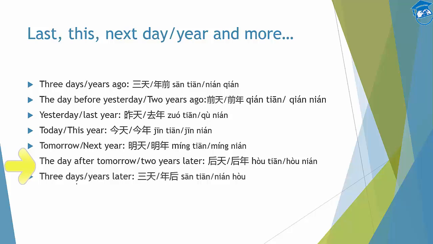Okay, and when it comes to 3 days later, it is 三天后. And for 3 years later is 三年后. Okay, so this is how you say last, this, or next day or year.